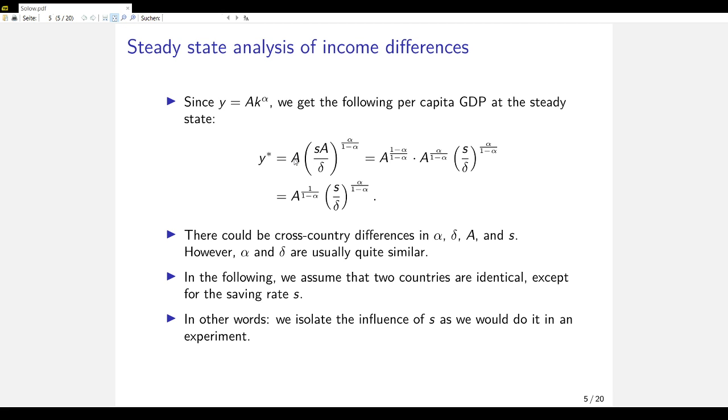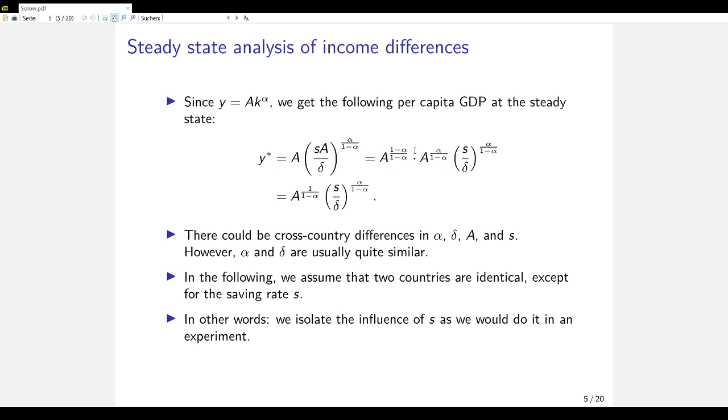Now we see A appears outside of the parentheses and inside, so we put this term here outside of the parentheses, so we get A to the power of alpha divided by 1 minus alpha from here, and we can then put the two terms here together, because that's the same as A to the power of 1 minus alpha divided by 1 minus alpha, of course.